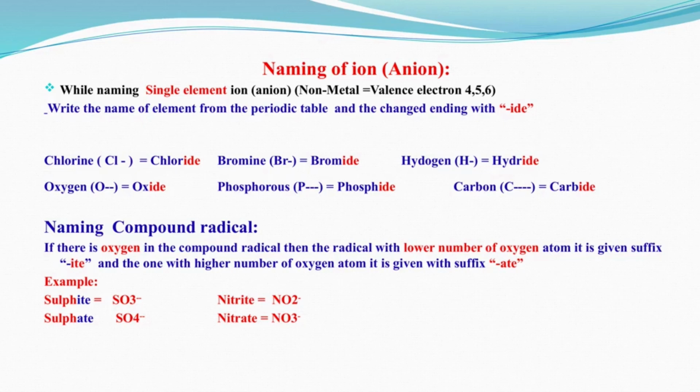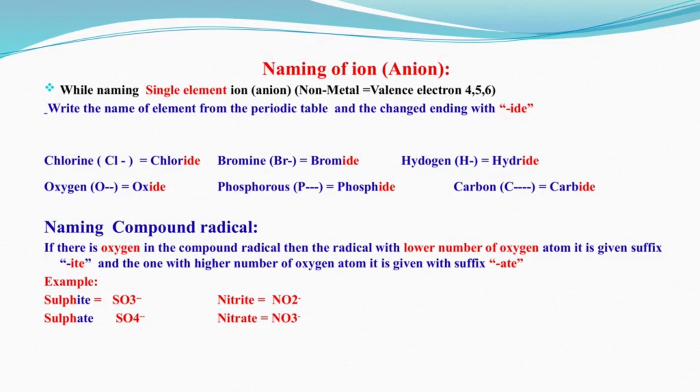What are the radical formulas? SO3 2 minus and SO4 2 minus. Both have valency 2, with charge minus 2. But in sulfite there are 3 oxygen atoms, and in sulfate how many oxygen atoms are there? 4.